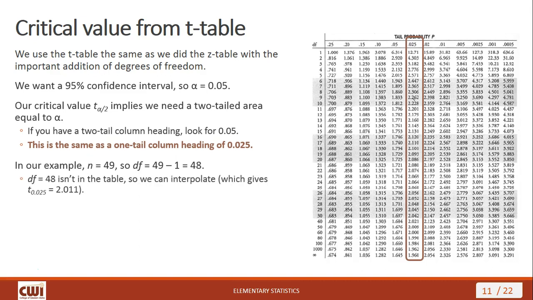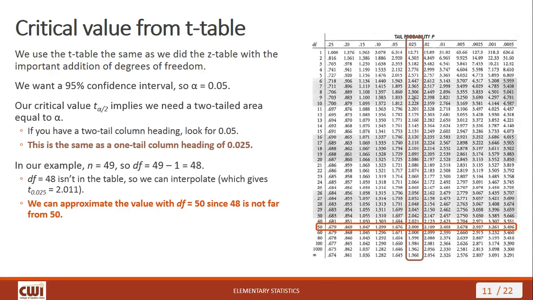So we can interpolate between 40 and 50 to give us the value that we need, which gives us a value of 2.011, or we can simply approximate the value with 50 since 48 is not that far from 50. If we do that, then we're looking at this row for 50, and the intersection of the row of interest and the column of interest gives us our t-score value, 2.009. Again, 2.011 is the interpolated value, not that different from 2.009.